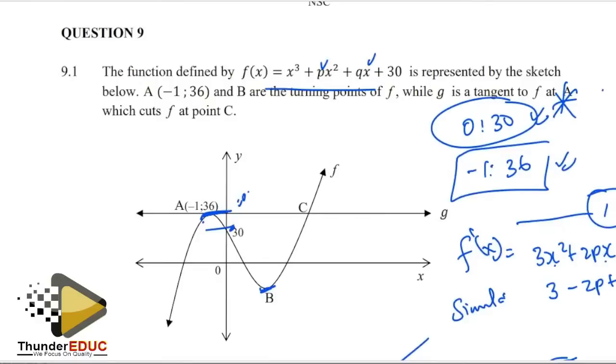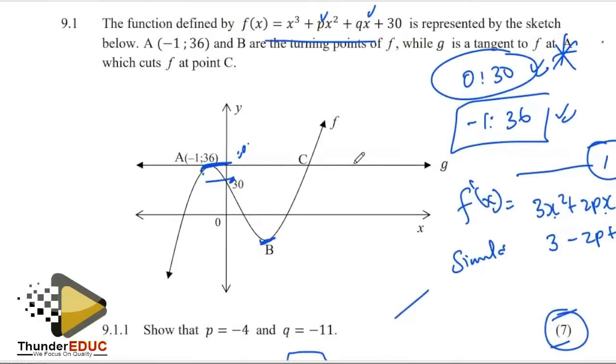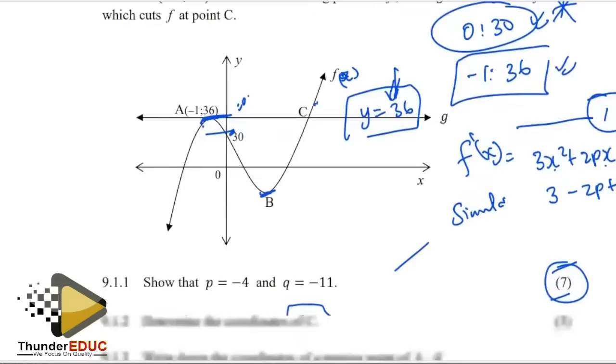Okay, if that is the case, which means the equation of this line is just going to be y is equal to 36, and then equate this to this equation or to this f. So where there is f or where there is f of x or y, put a 36 and then solve that equation. You get 2 points. One is going to be a with a negative 1, and then that is the c coordinate that they need.